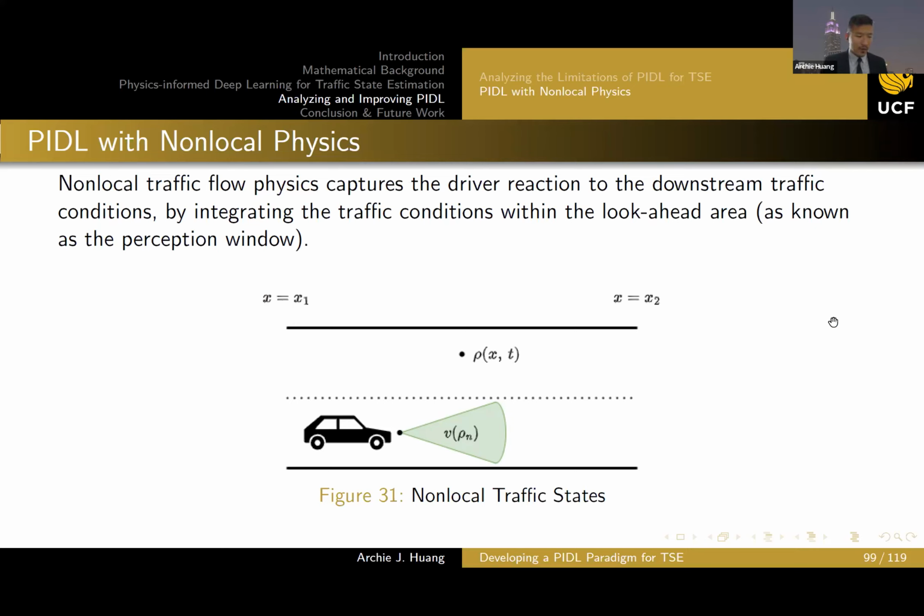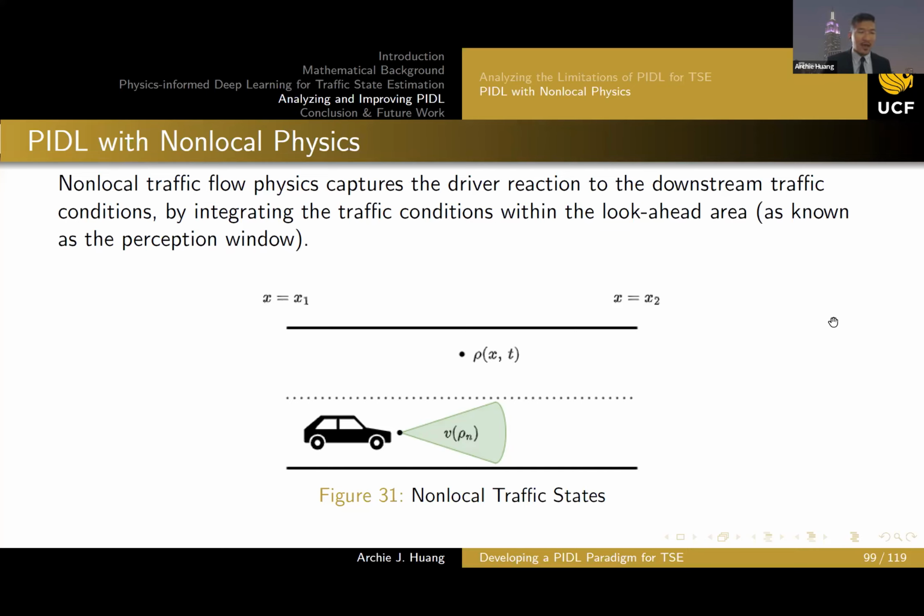So for instance, when you are driving, you will look at the traffic signal at the next intersection. And if that signal turns red, you will decelerate your vehicle ahead of that intersection. You won't just go on at full speed, and once you reach the intersection, immediately stop.